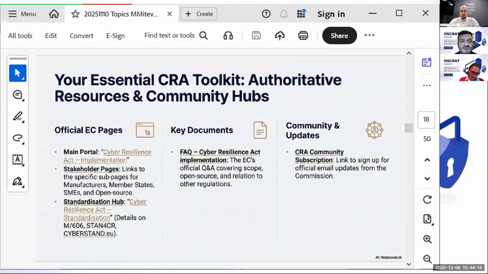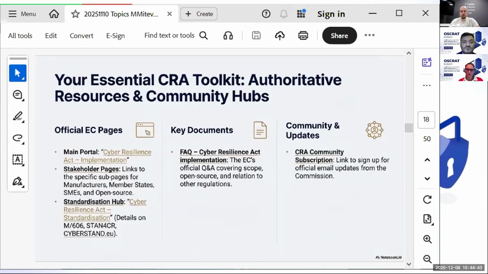To support the organization, the Commission provides official resources. The main CRA implementation portal includes links for manufacturers, small and medium enterprises, member states, and the open source community. The standardization hub gives details about request M606 and the development of harmonized standards.